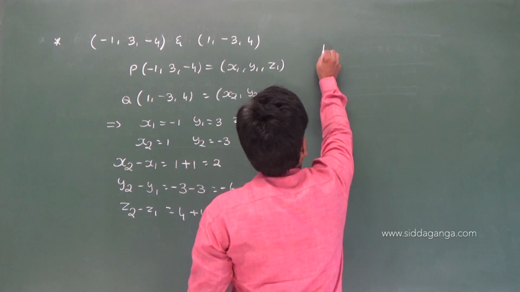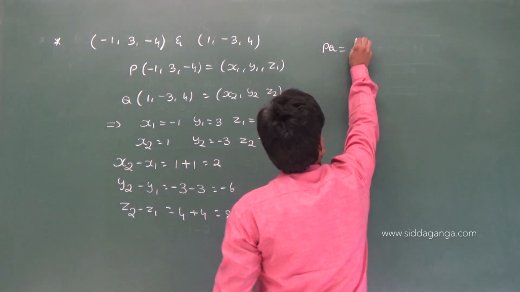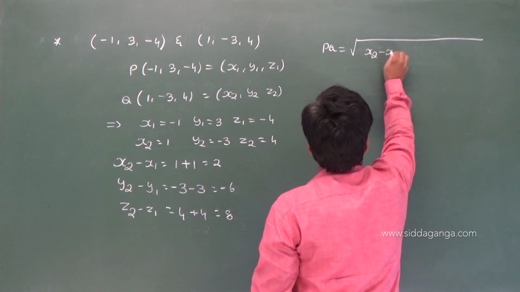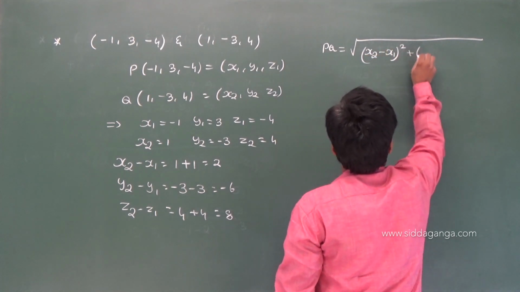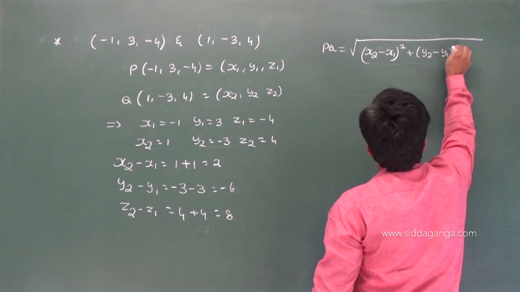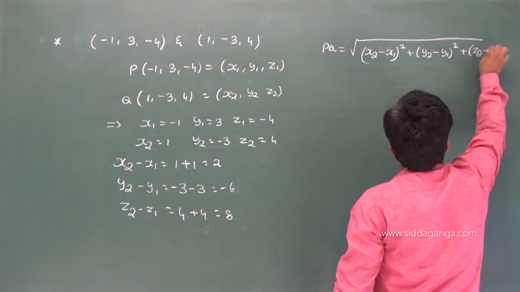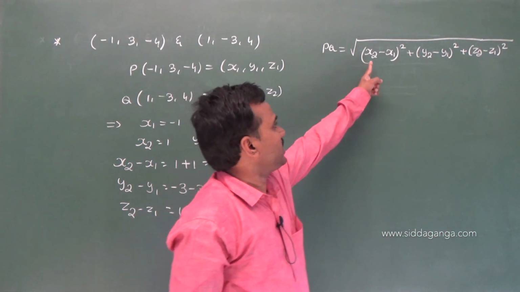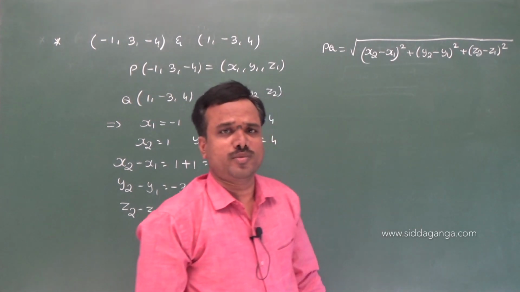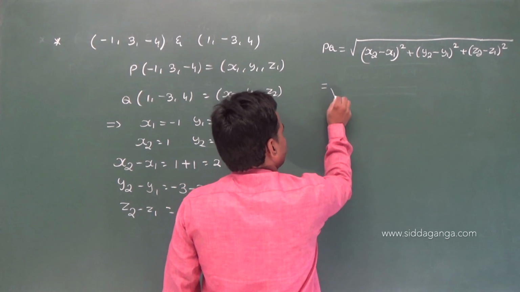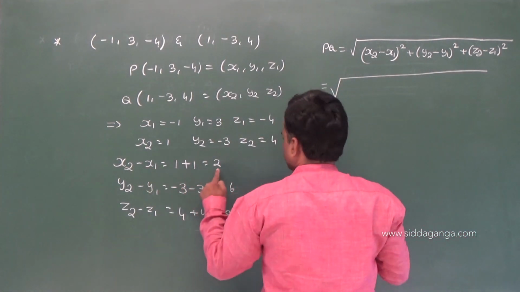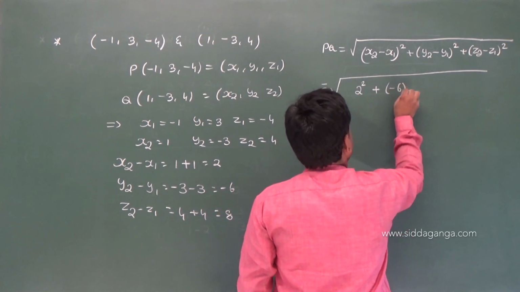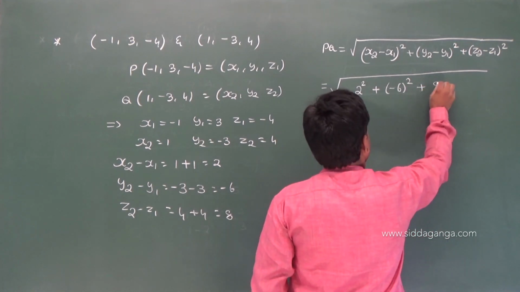We know the formula. The distance between 2 points in space is given by square root of (x2 minus x1) whole square plus (y2 minus y1) whole square plus (z2 minus z1) whole square. That is square root of 2 square plus minus 6 whole square plus 8 square.